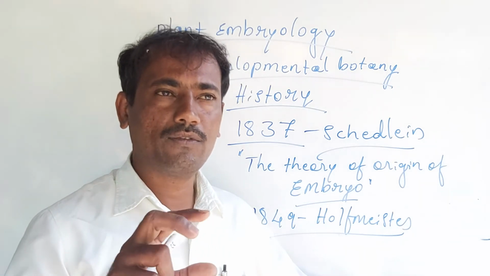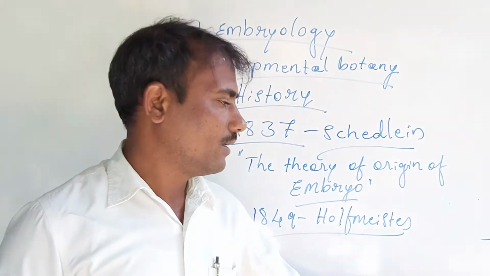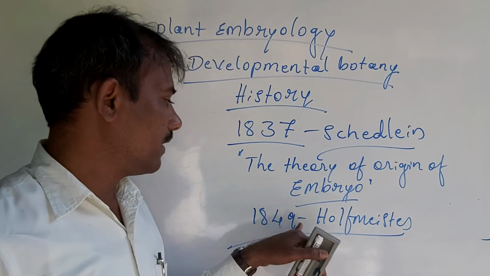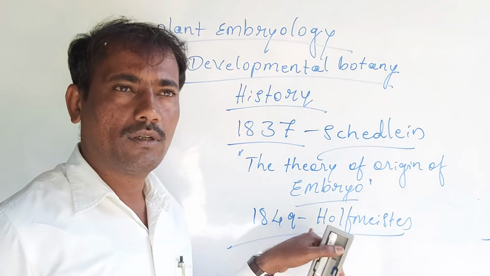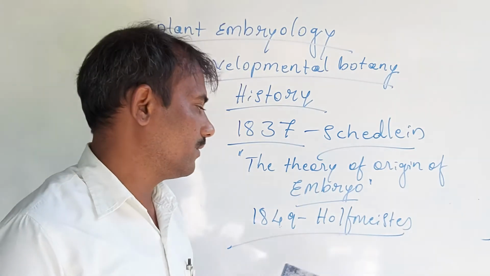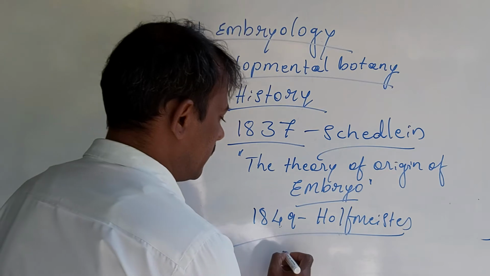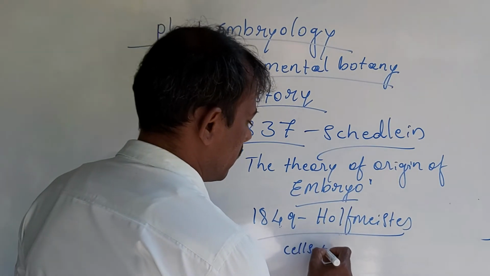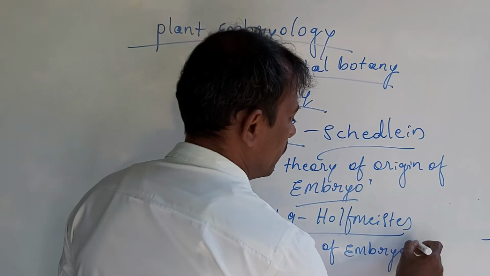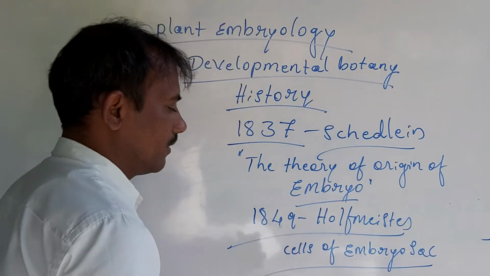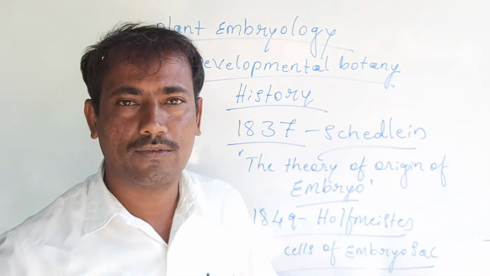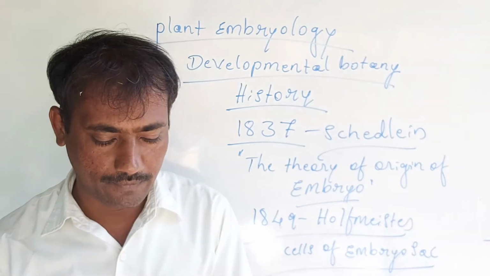Within the embryo sac means what? From the cells of the embryo sac. It was Hofmeister in the year 1849 who observed the growth and development of the embryo from the cells of the embryo sac.